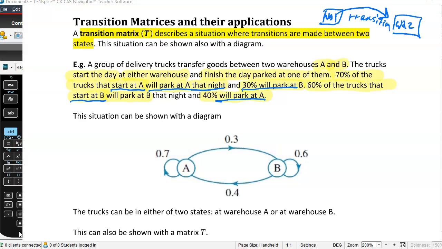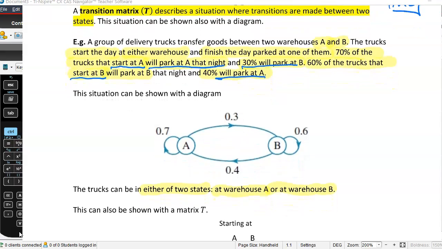In our matrices, we definitely use decimals. And then 40% will park at A. So you can see they started at B and then will end up at A. So trucks can be in either of two states, at warehouse A or at warehouse B.